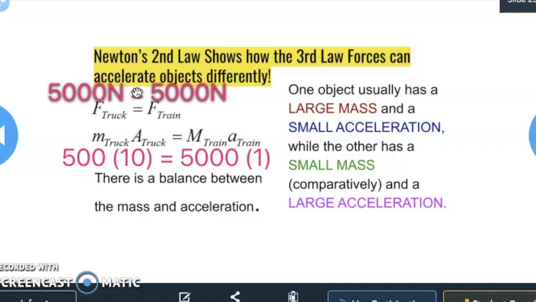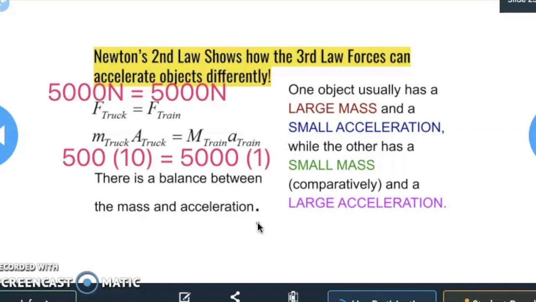We know that inertia is defined by the amount of mass something has, and so the more massive an object is, the harder it is to change how it's moving, the harder it is to get it to accelerate. So it would make sense as well that the smaller mass would accelerate more, and the larger mass would accelerate less because of that idea of inertia. The more inertia something has, the harder it is to change its motion. And so this connects together all of our laws of motion.